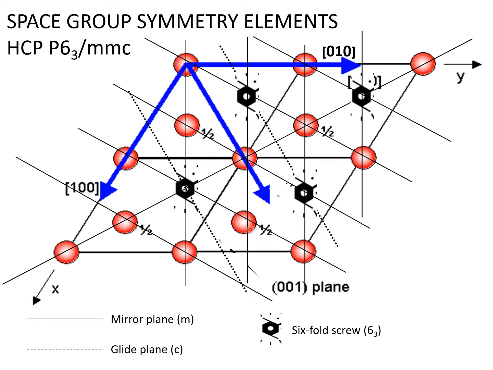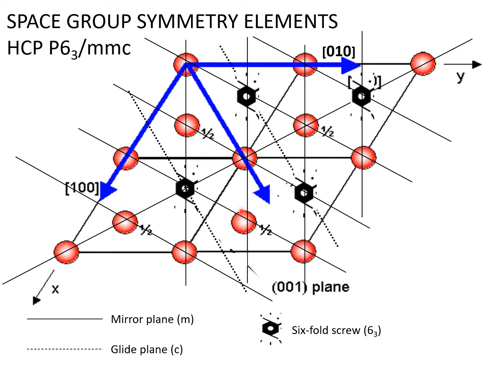So you rotate 60 degrees, translate half. Rotate 60 degrees, translate half. So in terms of the location of the atoms in the unit cell, two half lattice parameters bring you back into conjunction with the plane of the repeat plane of the atoms in this particular case. Then you do another 60 degrees, translate half, another 60 degrees, translate half. So that brings you back into the edge of the unit cell.